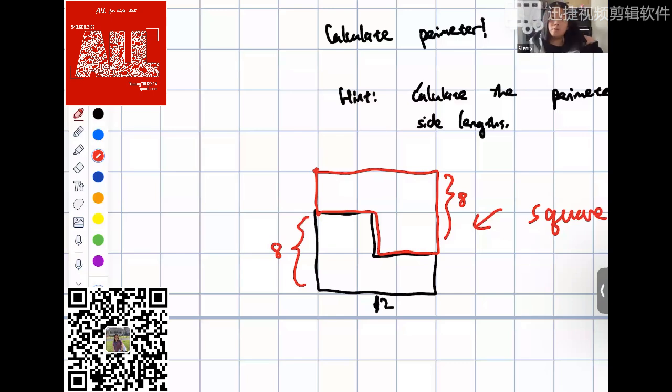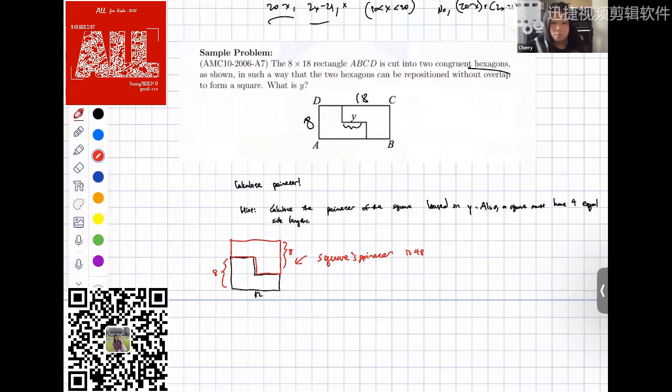Wait, can I see the question again, please? That's right. Yeah, both sides are 8. Hmm. Yeah, that's true. Both sides are 8.